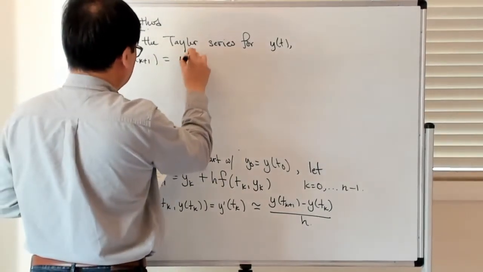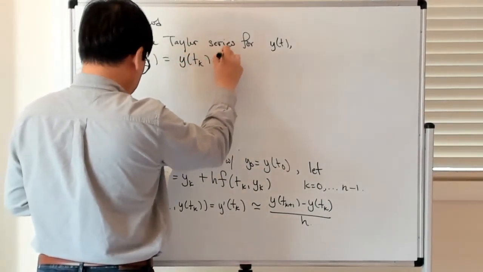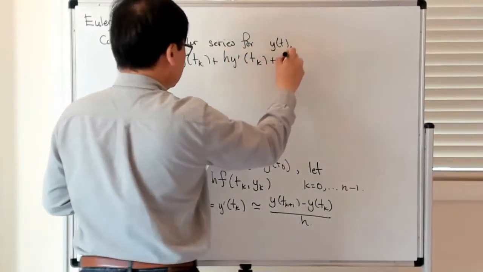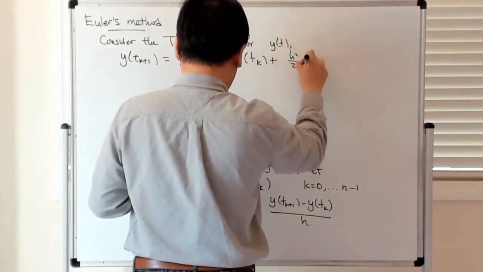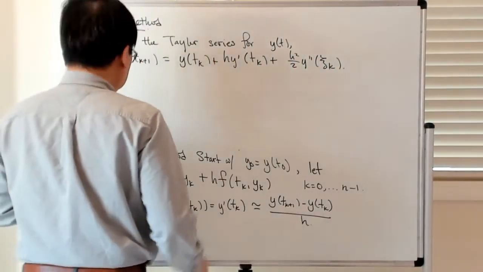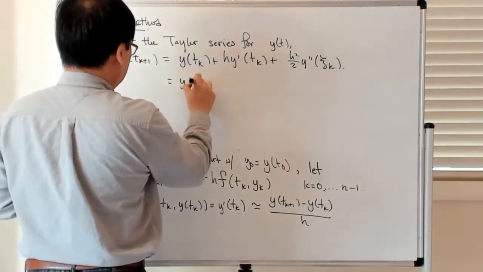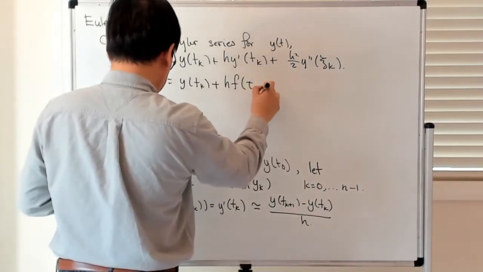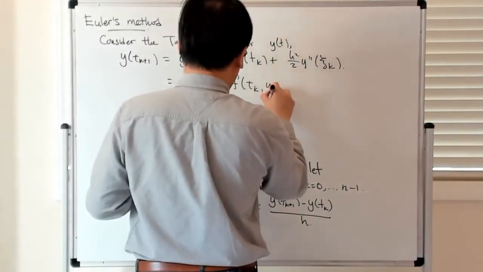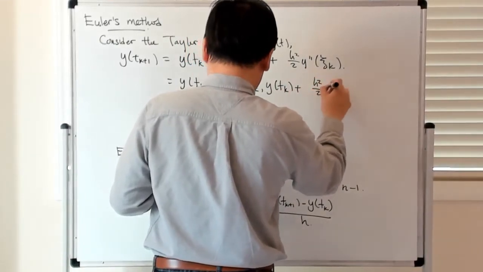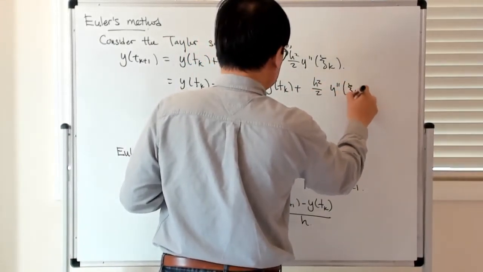So you get y at tk plus h y prime at tk plus h squared over 2 y double prime at some unknown point c_k. Okay, so this is equal to y at tk plus h f at tk comma y at tk plus h squared over 2 y double prime at c.